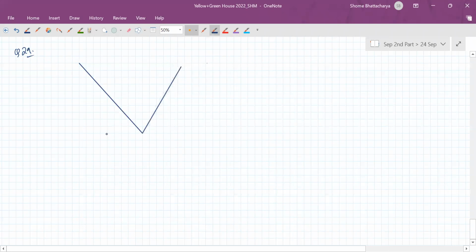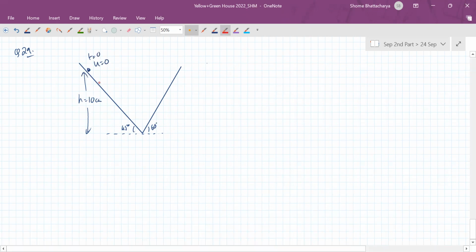You can see that it's asymmetrical. And from some height of h equal to 10 centimeters, we release a particle from rest.